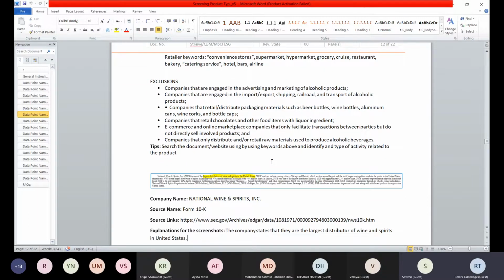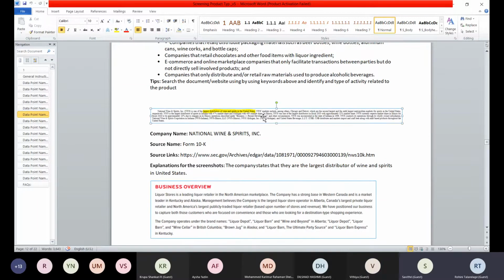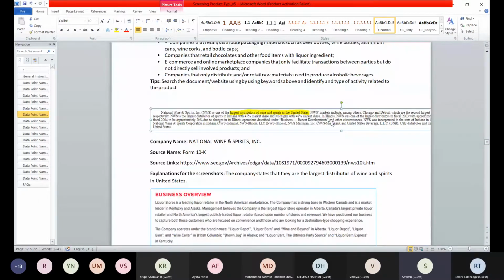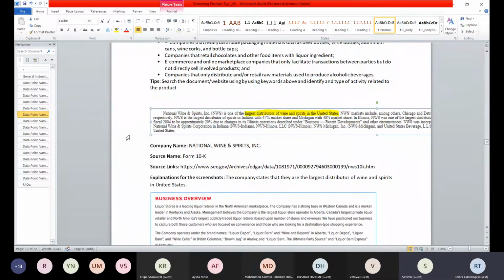Now here we have one snap. Is it visible? Yeah, ma'am. So here what they are saying is National Wine and Spirits Incorporation is one of the largest distributors of wine. Distributor is nothing but they sell it, right?